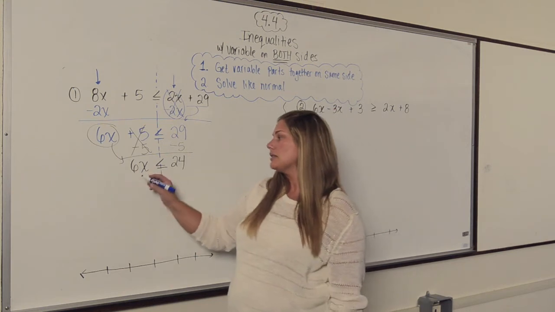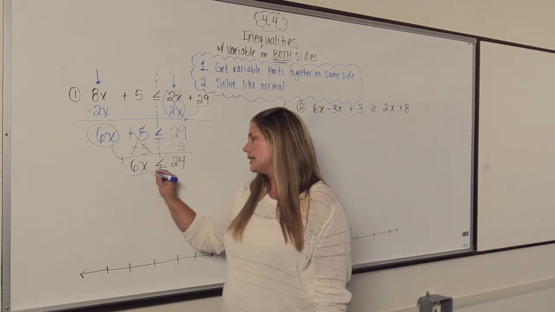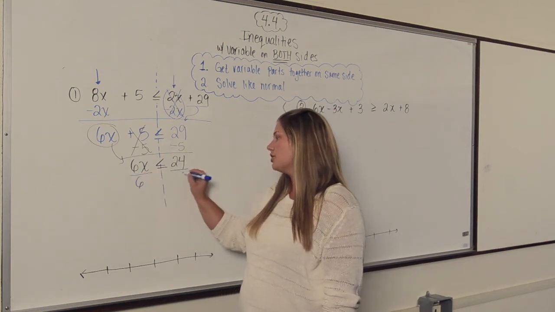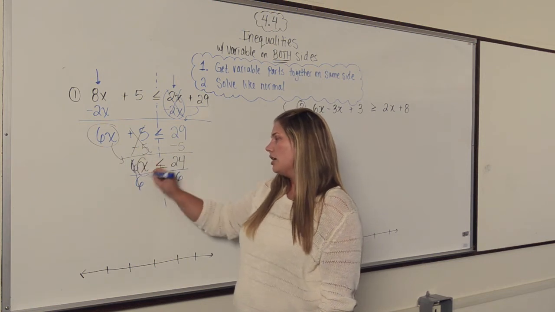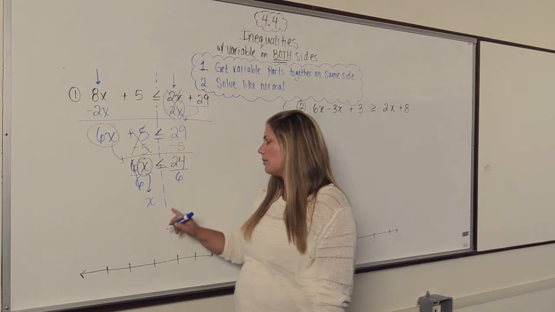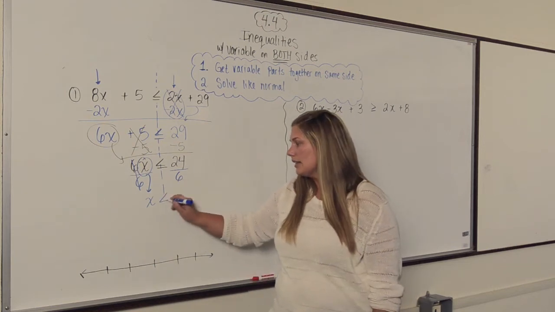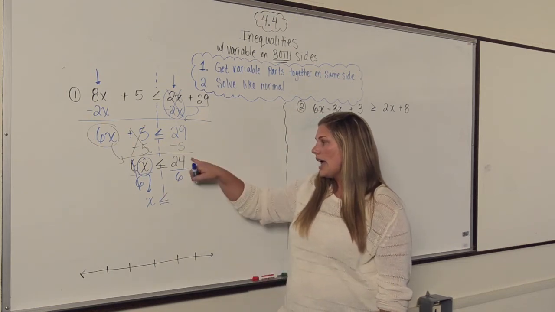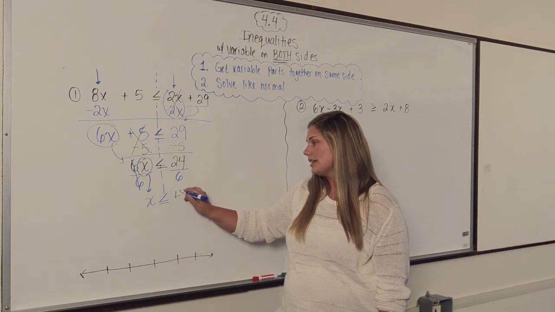But now if x is multiplying with a 6, to get rid of multiply, I have to divide. So on the left side, 6 divided by 6 is 1, so I'm left with my 1x, is less than or equal to, and 24 divided by 6 is 4.